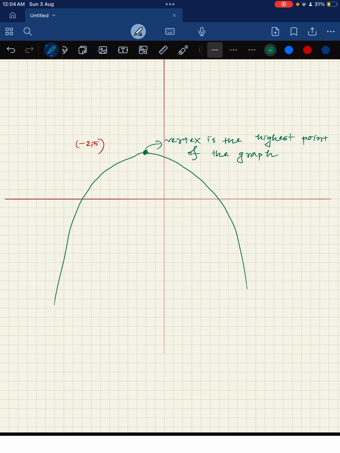If you move to the right of the vertex, the y values are falling down below 5.